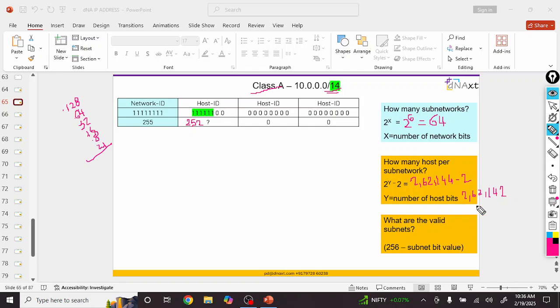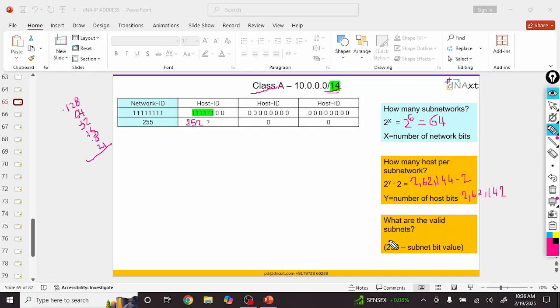Okay, these many valid host IP addresses you will get in each of the 64 subnetworks. Why are we subtracting 2 over here? As we have discussed many times in the previous video, in each subnetwork, one is your network ID and another is your broadcast ID, which we cannot assign to a host, and hence we subtract 2.